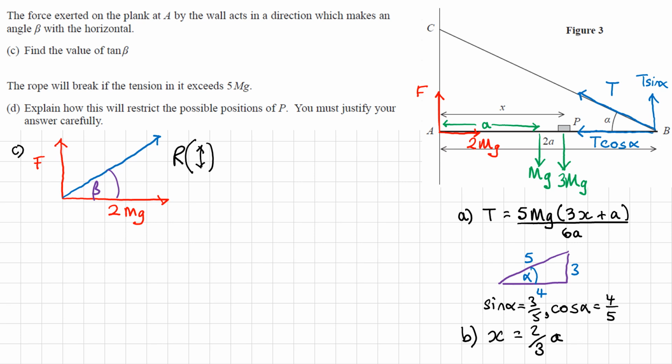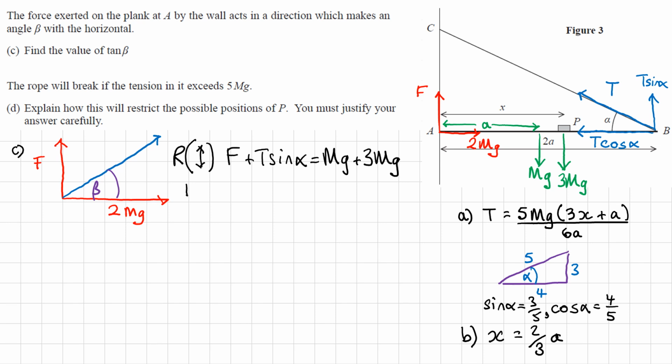So let's look at what the vertical forces are. Well, we have F and T sine alpha going up, so F plus T sine alpha is going to equal the downward forces, and so that's going to be mg plus 3 mg.